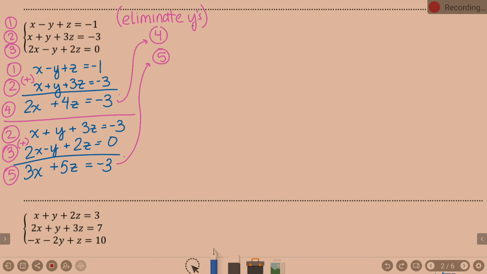So equation 4 is 2x plus 4z equals -3. Should be negative? Right here? No, the -3. Oh, should be a negative. Ooh, it should be -4. Okay, I wish you would have pointed that out sooner, but that is good to notice.